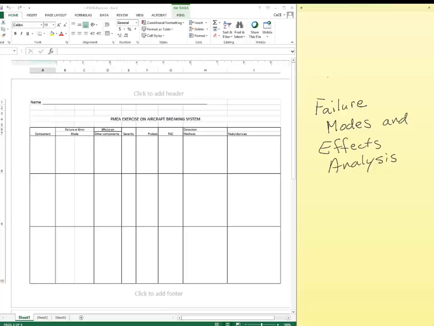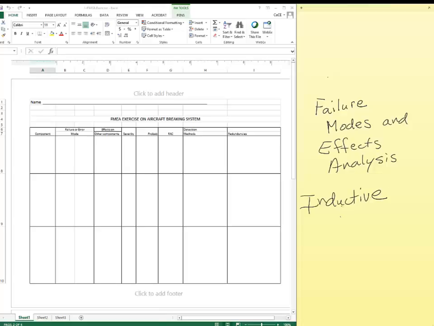Now, an FMEA is an inductive form of analysis, and that means it looks at each component of a system and follows that component to see how it could affect failure of the whole system.